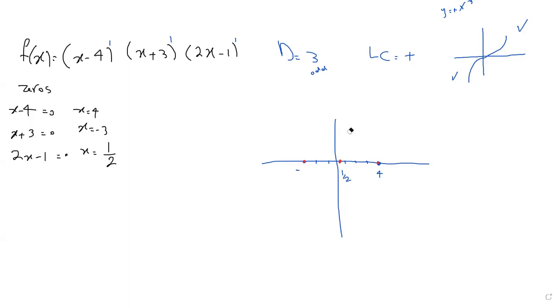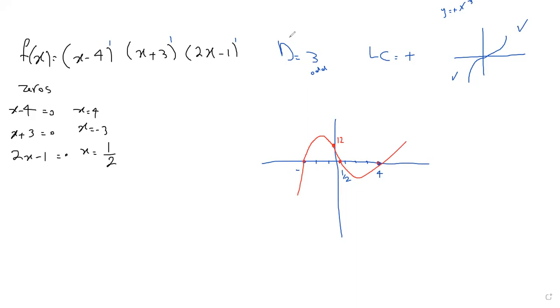I need to know that my y-intercept is positive 12. Let's say positive 12 is here. I just make sure that I pass through positive 12. The y-intercept is positive 12. This is the approximate graph of this function.